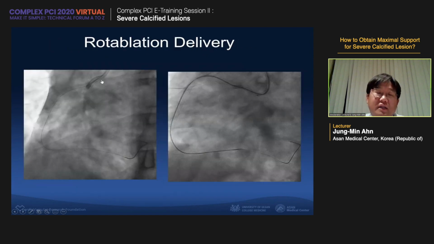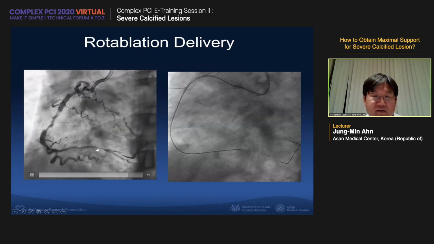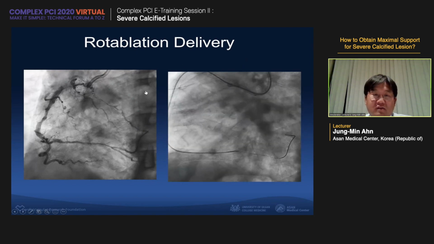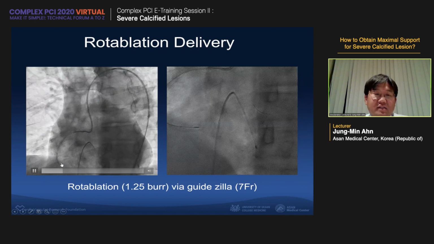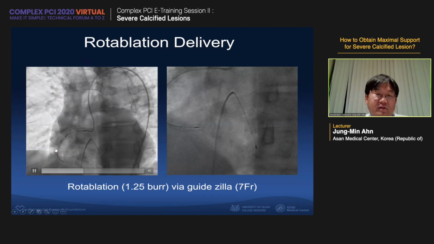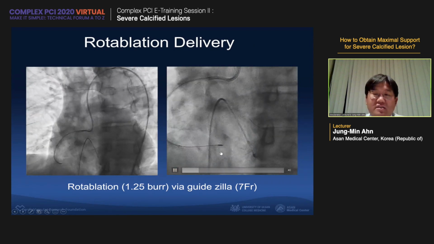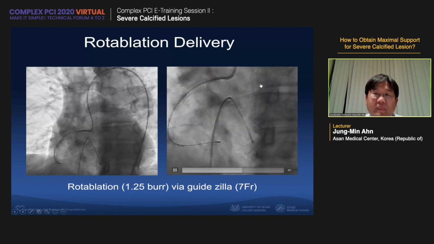In the case of a very distal calcified lesion, for rotablation, you can deliver the rotablator using the catheter. Insert the catheter to the distal RCA, and you can deliver the rotablator and treat with rotablation even in a far distal RCA lesion.